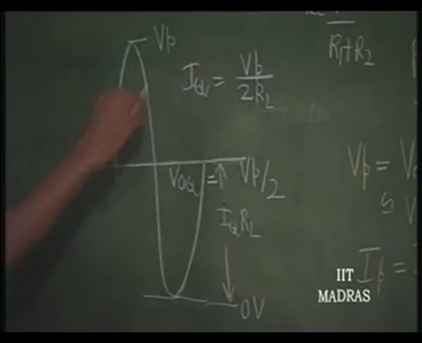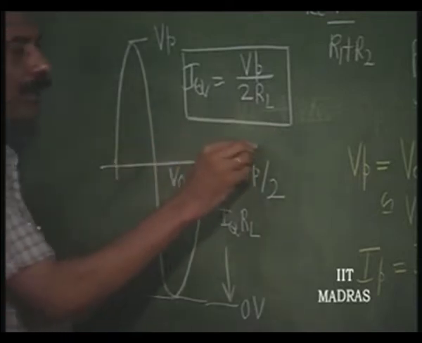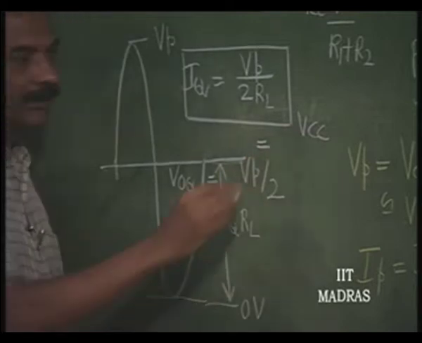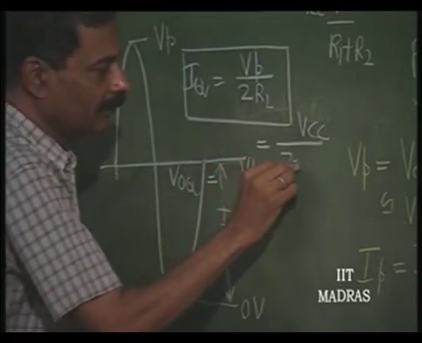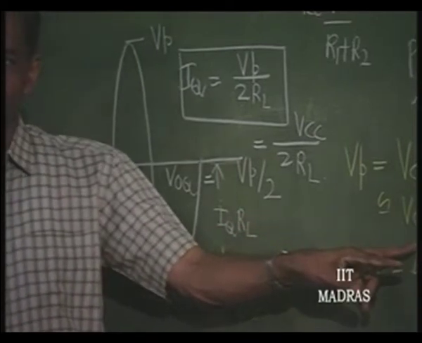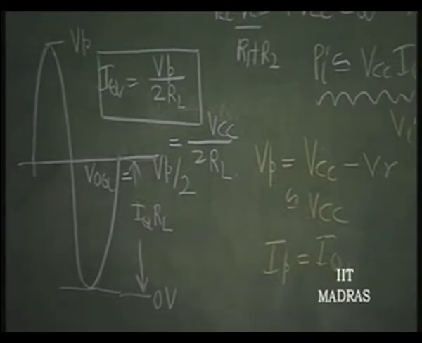So, quiescent current is Vp by 2 RL, or Vp is equal to VCC, okay, divided by 2 RL. So, we said Vp is very nearly equal to VCC under the best situation. So, VCC by 2 RL.